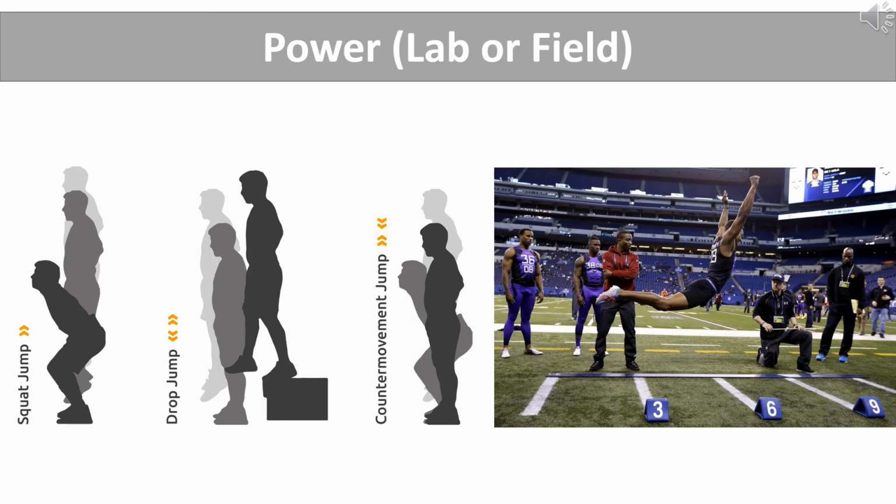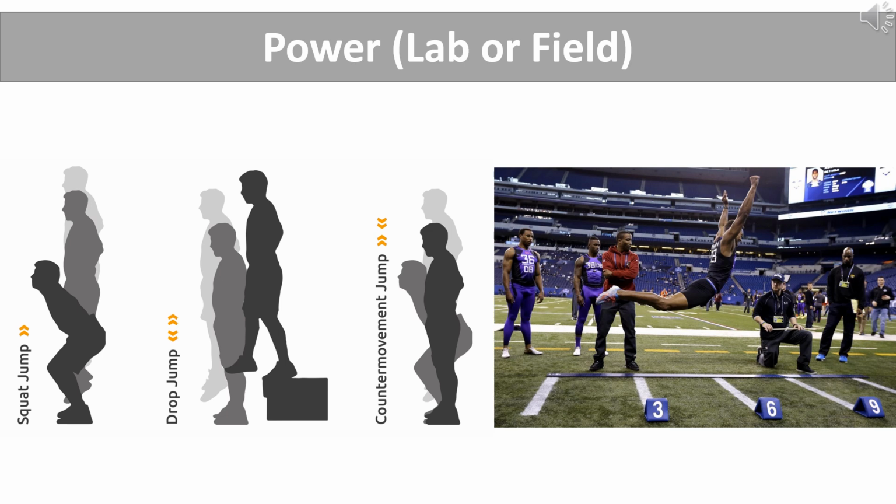What we'll do now is move on to looking at the assessment of power, and rather than having separate laboratory and field subsections, we're just going to be talking about a variety of different jump tests that we can use as an indirect assessment of power, which we know is incredibly important for footballers and all team sport athletes, really.